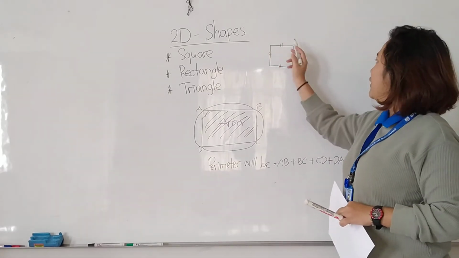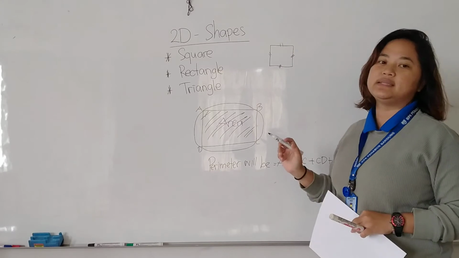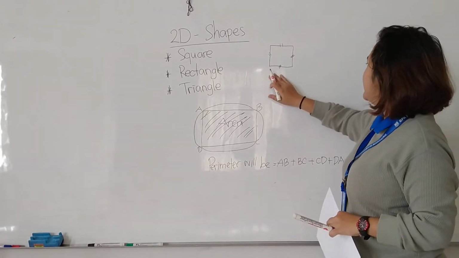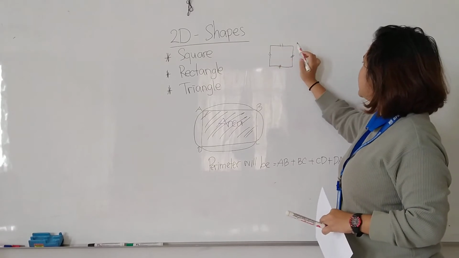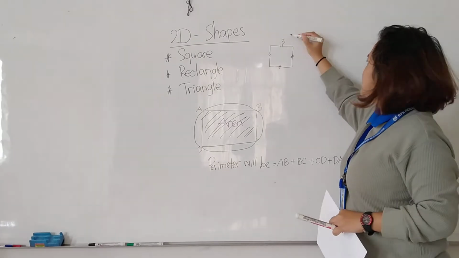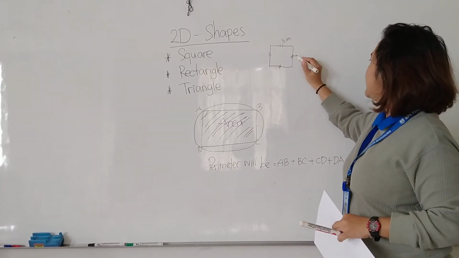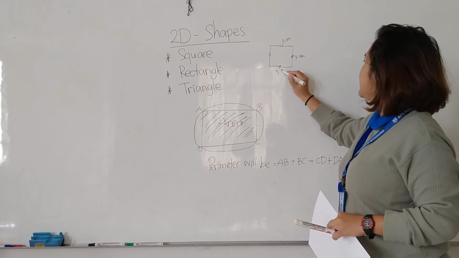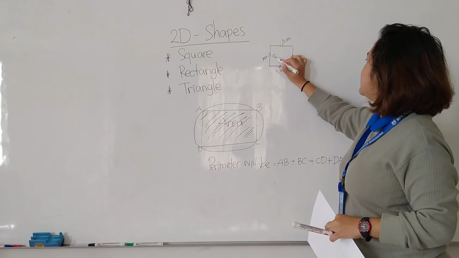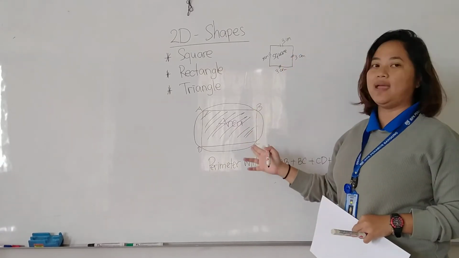So if I have, for example, for this square, the length from here to here is 3 centimeters. Of course, the others will also be 3 centimeters, 3 centimeters, and 3 centimeters. That's what we call a square, which is different from a rectangle.